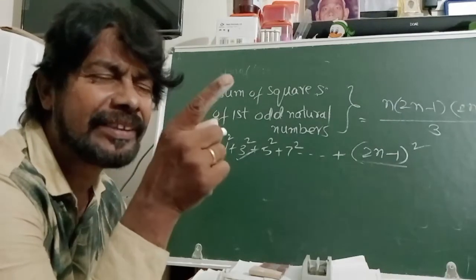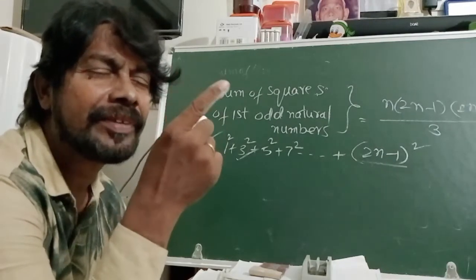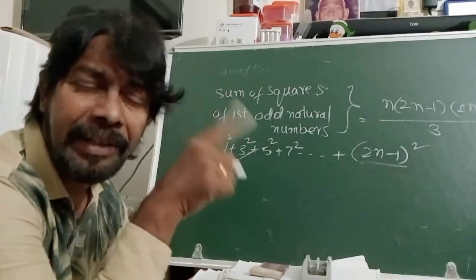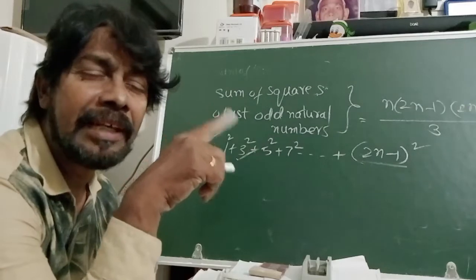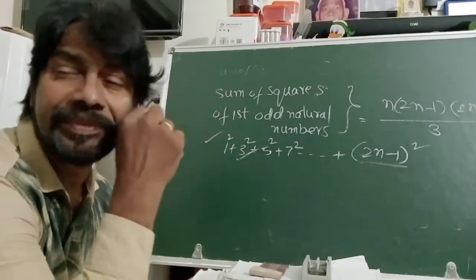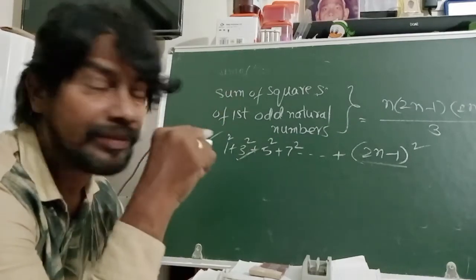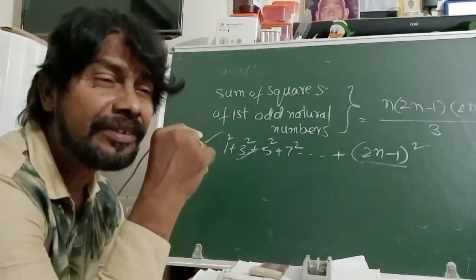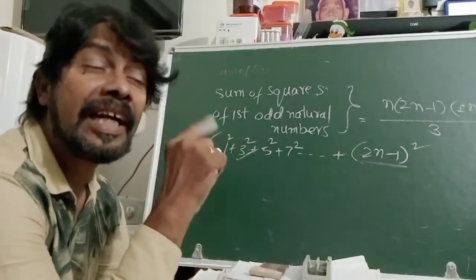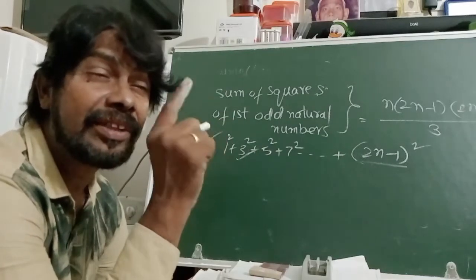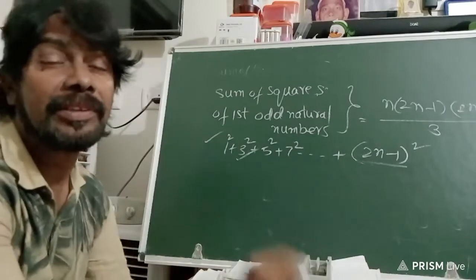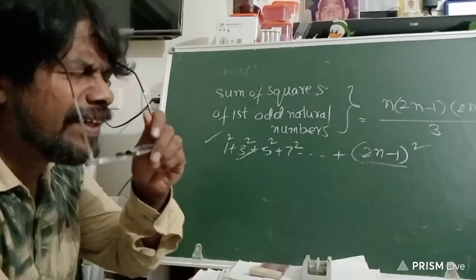For the sum of squares, 3 terms come: n is common, then n plus 1, 2n plus 1, by 6. Now when cubes come, n square, that is n into n, into n plus 1 into n plus 1, 4 terms, so by 4 comes.